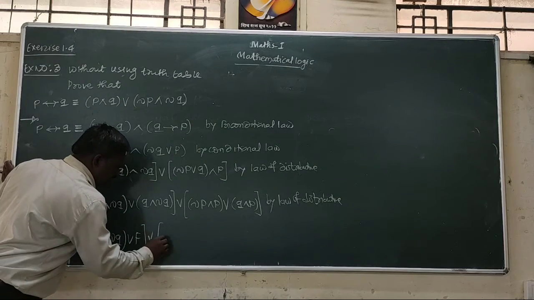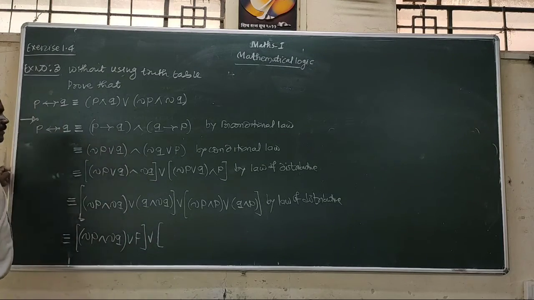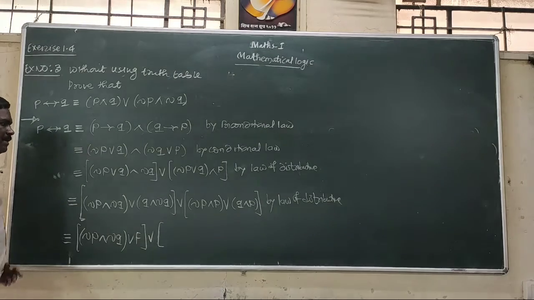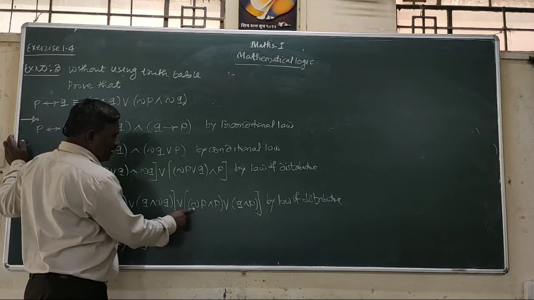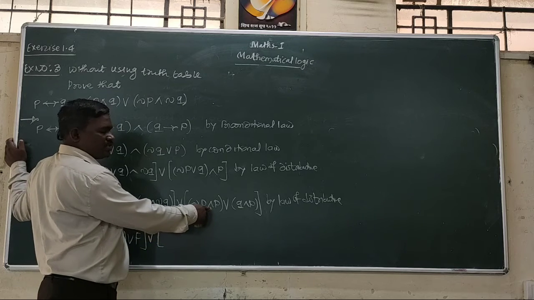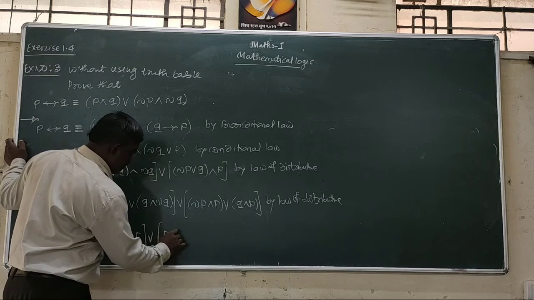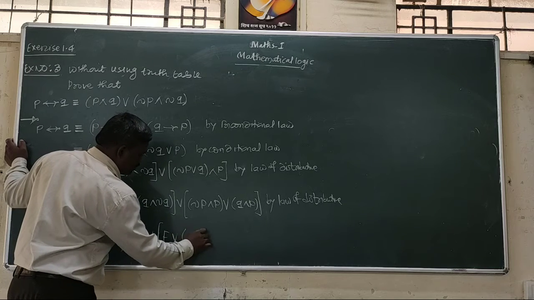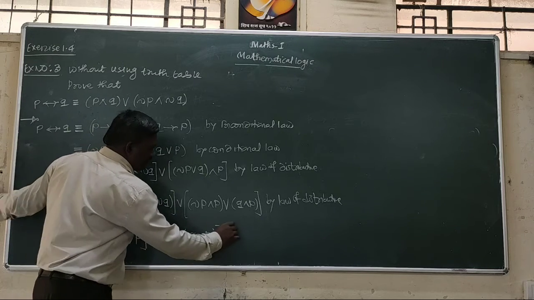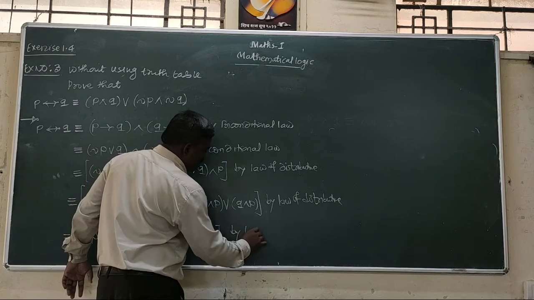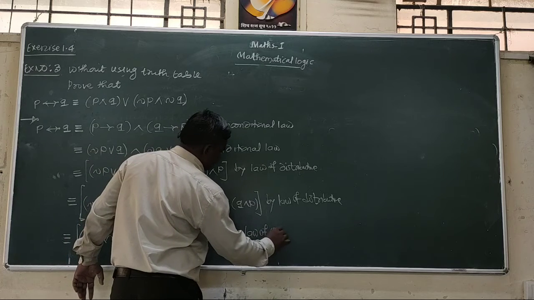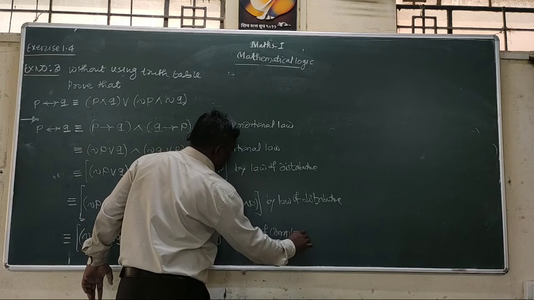Disjunction in bracket negation of the P conjunction P, same thing is here, that is again false. Disjunction Q conjunction P by law of complement.